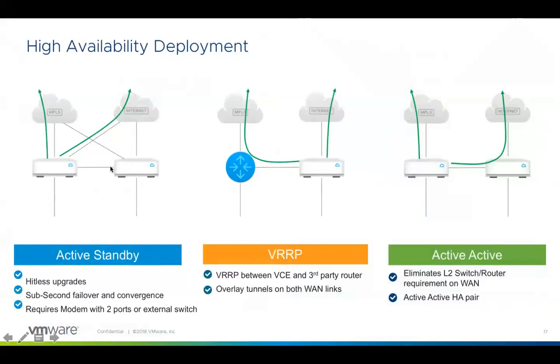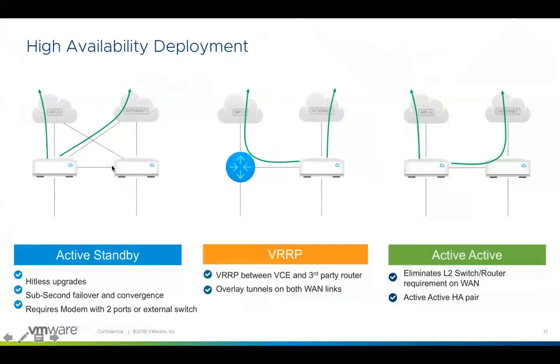And that interface is generally LAN 1 for the 520s and 540s, the smaller branch edge devices. And on the larger boxes, such as the 840 and the 2000, the HA interface is gig E1.